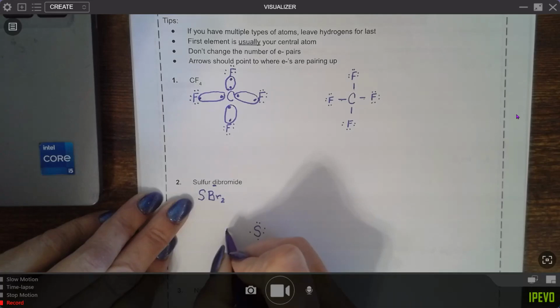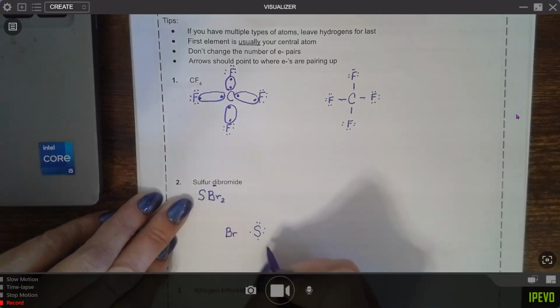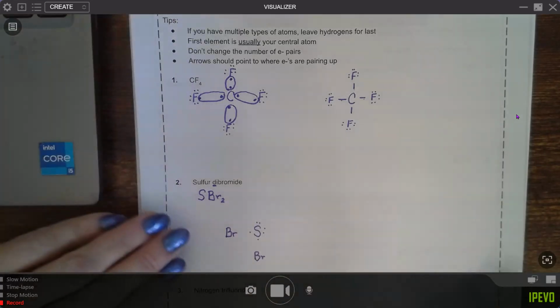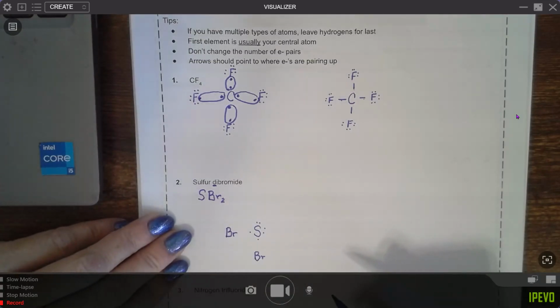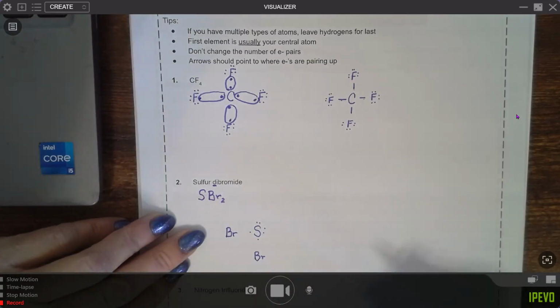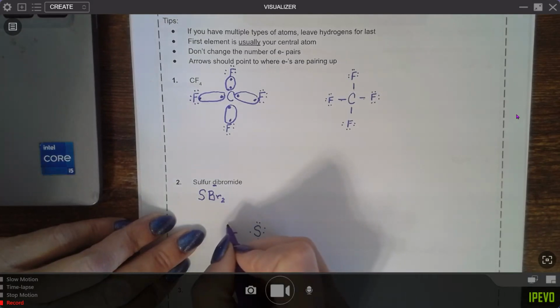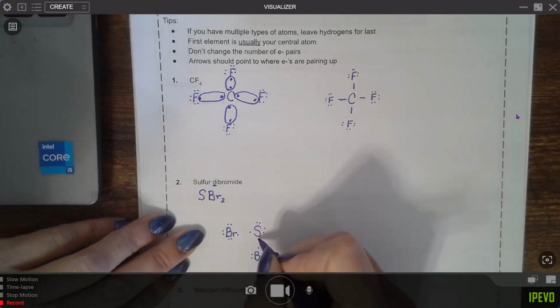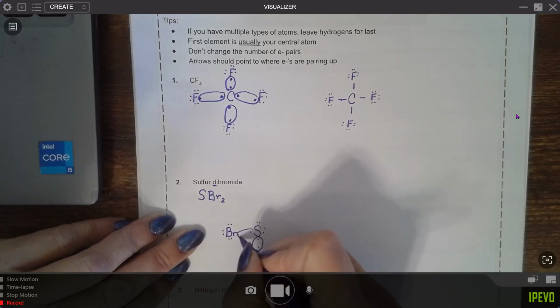I'm going to put 1 bromine on this side and 1 bromine on this side, because I know those unpaired electrons need a partner. Each bromine has 7 valence electrons, 1, 2, 3, 4, 5, 6, 7. So I'm forming a bond here and a bond here.